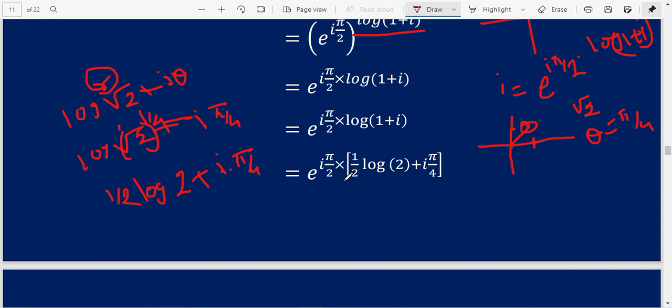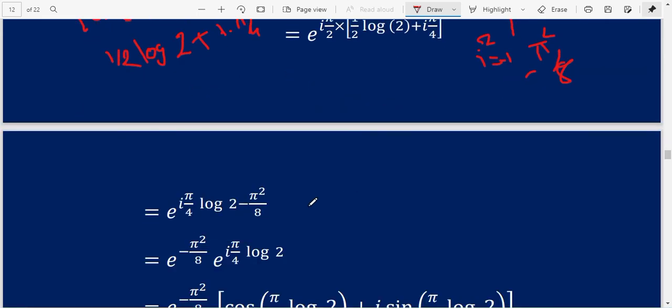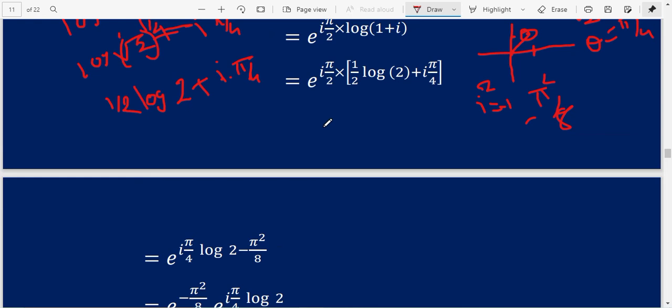So pi by 4 log 2 plus i into i, that is i square, which is equal to minus 1, and pi by 2 into pi by 4 is pi square upon 8. So this is minus pi square upon 8, and i into pi by 2 into 1 by 2 is pi by 4 log 2.